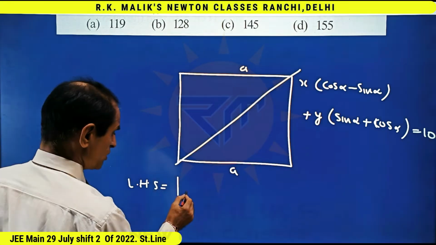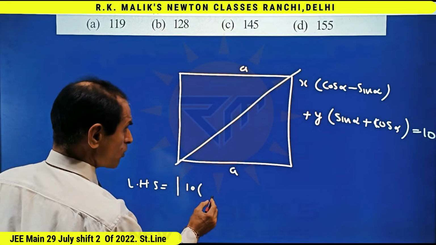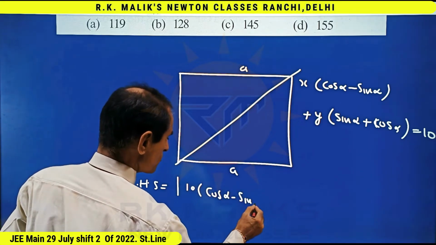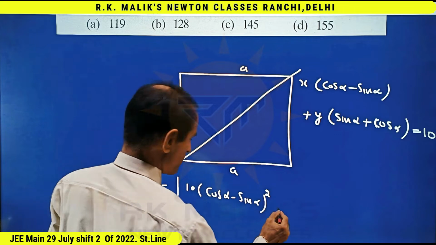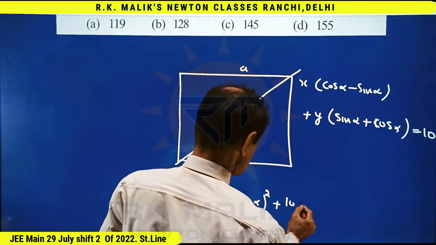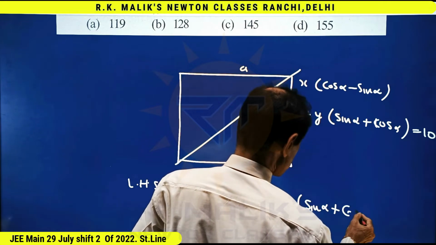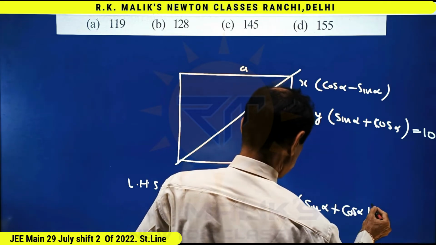It will be 10 into (cos alpha minus sin alpha) whole square plus 10 into (sin alpha plus cos alpha) whole square.